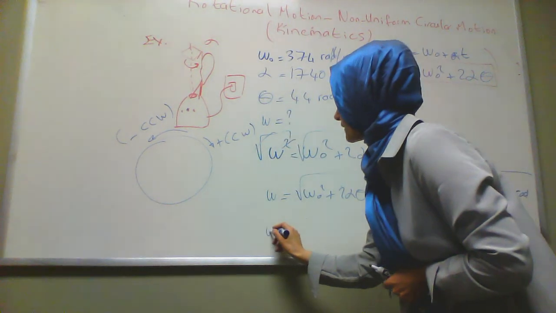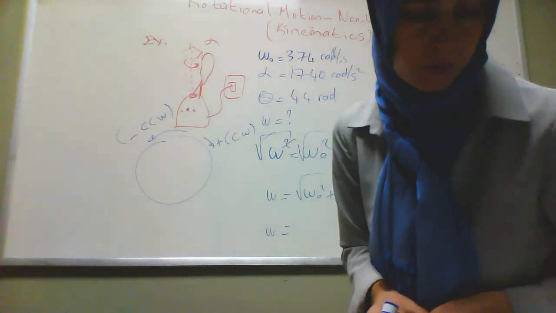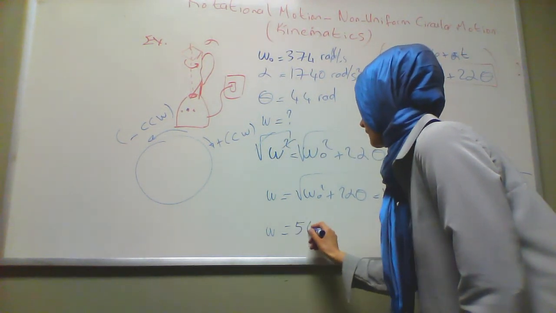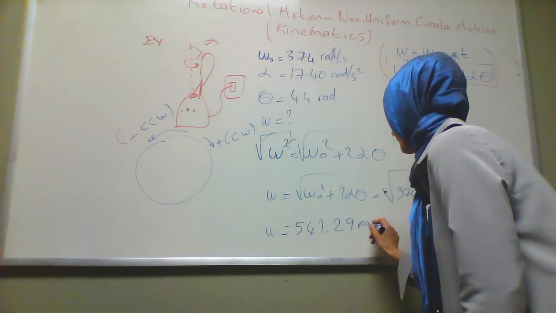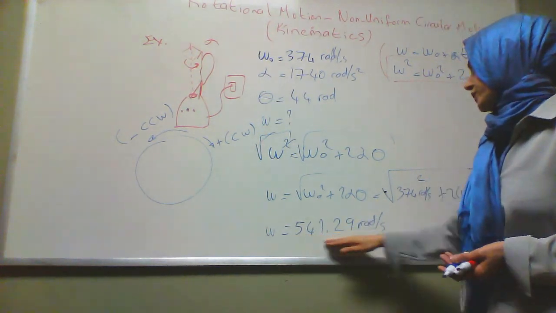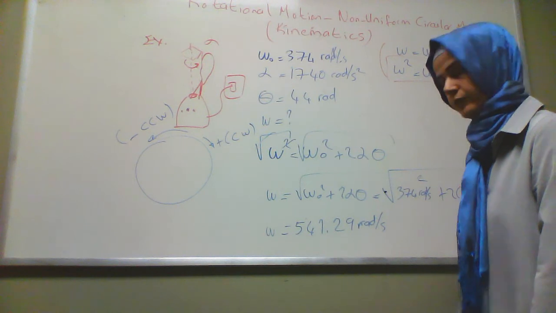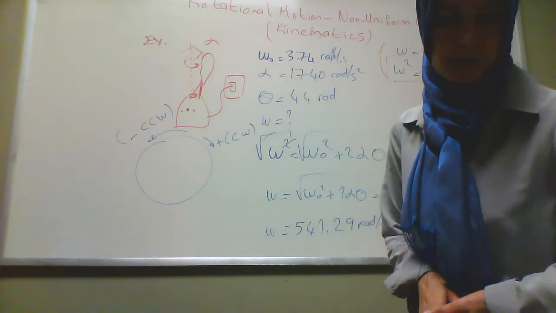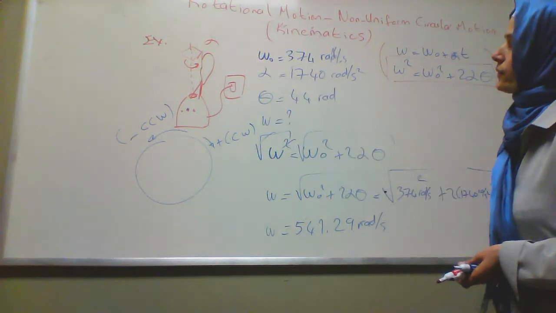And all of this in the square root will give us an omega value of 541.21. So 541.29 rad per second is our answer. 542, 541.3, 541 would also be acceptable results in here, but I like always including two decimals. So this is the type of question we will have.